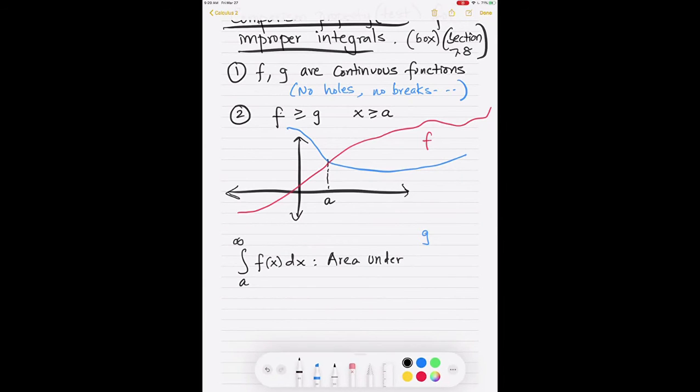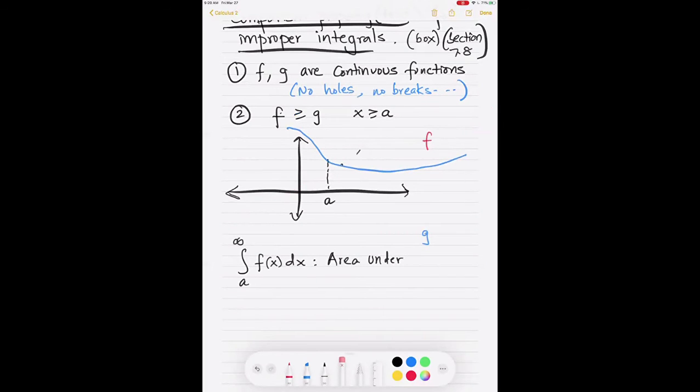So it's a red function. So I'm just going to say it is this area, right? With the same token, f from a to infinity.